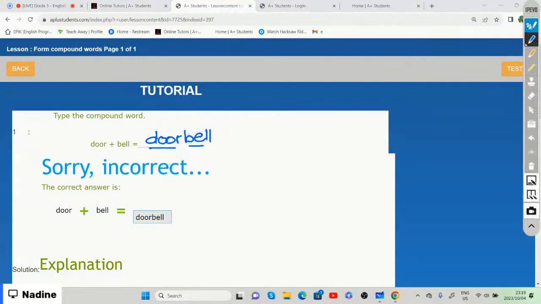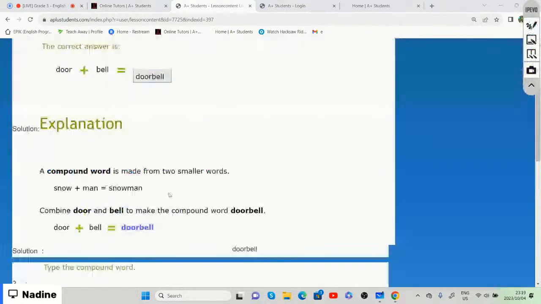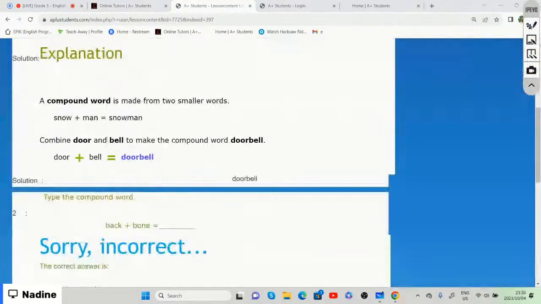So this is basically two smaller words that we put together, we add together, we join together, and we get our compound word. And remember, we said a compound word is made from two smaller words.